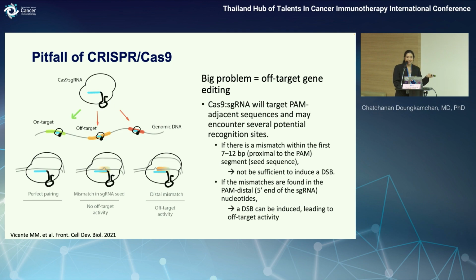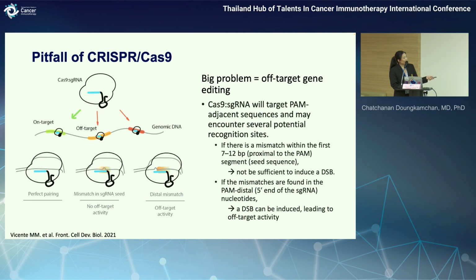So when you do PCR, sometimes you get non-specific amplification. That's actually the same principle as to why CRISPR-Cas9 sometimes binds to other places that we don't want it to. But there are some ways that we can avoid this.